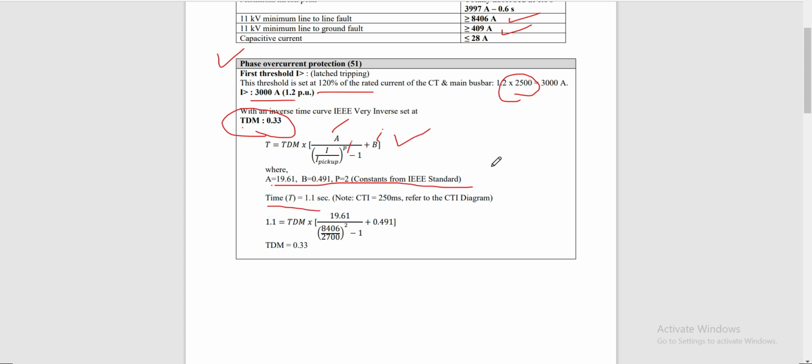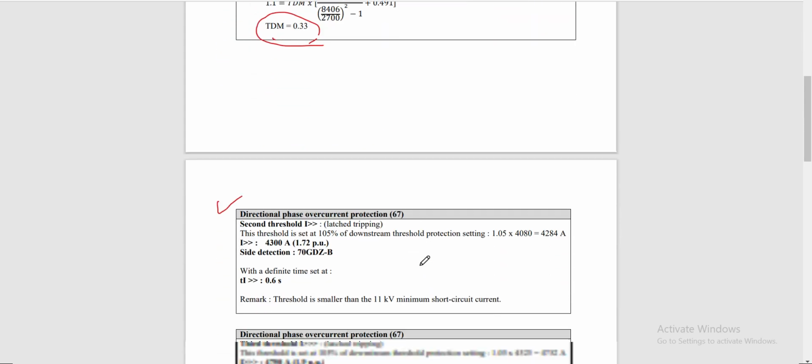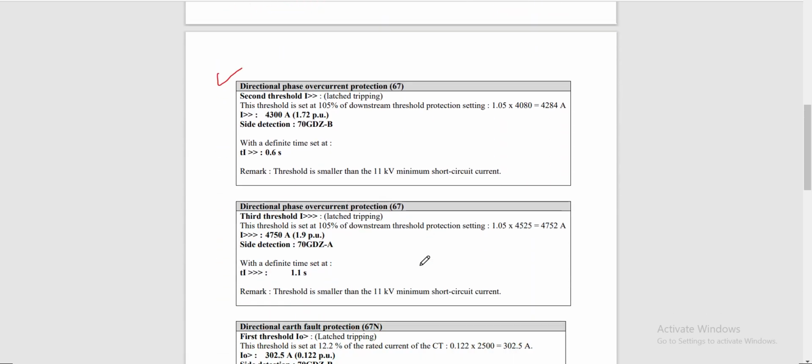Substituting all this data, our constant values, our line-to-line fault, and also our pickup value, our calculated time dial multiplier is 0.33.